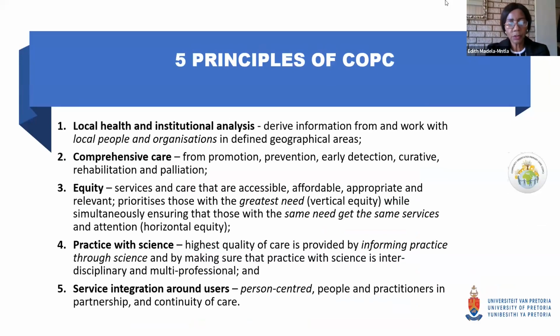Principle one is about deriving information from and working with local people and organizations in defined geographical areas where the individual, in other words, the service user is based. So you're looking at the context, you're looking at what is available, you're looking at what social supports are around the individual.